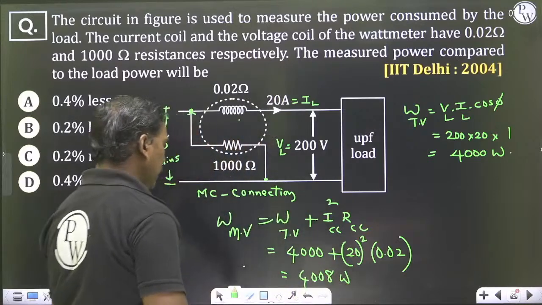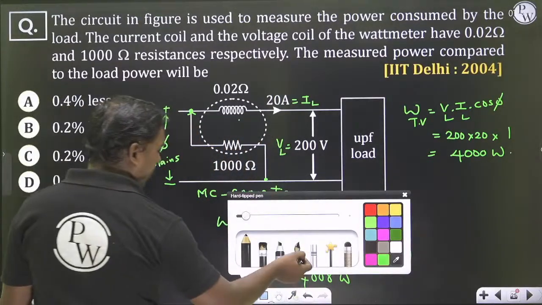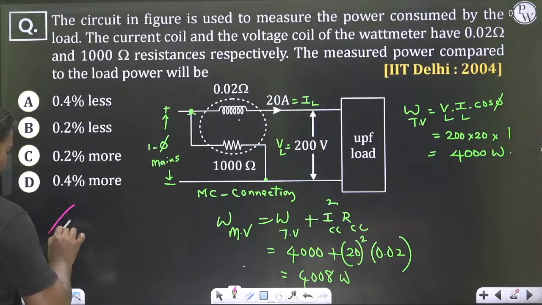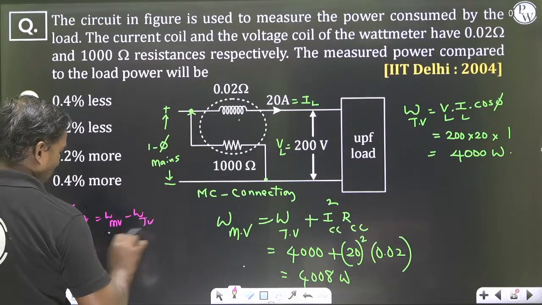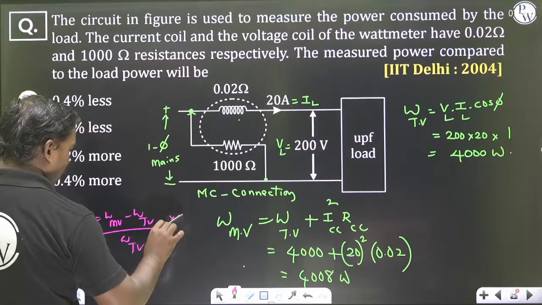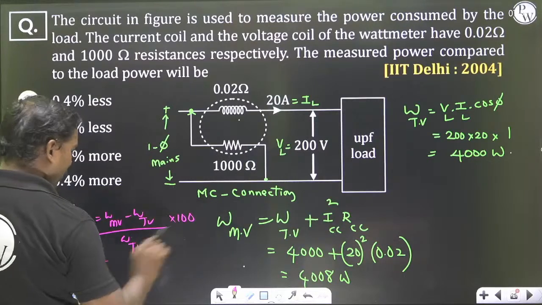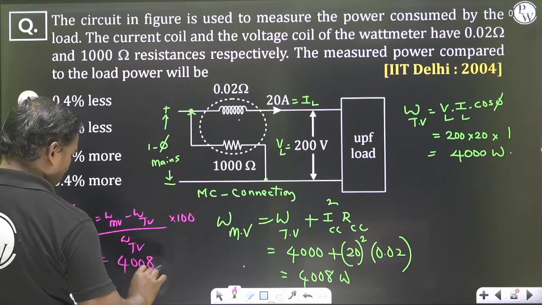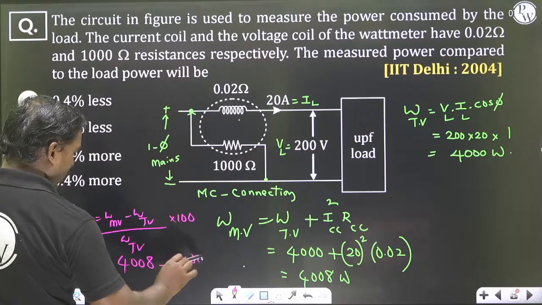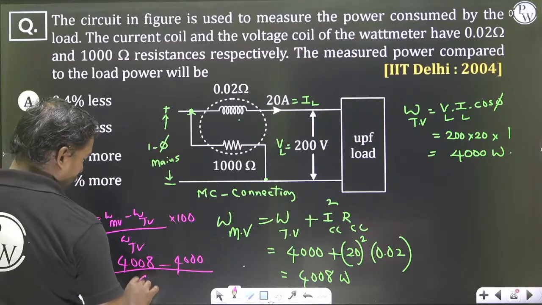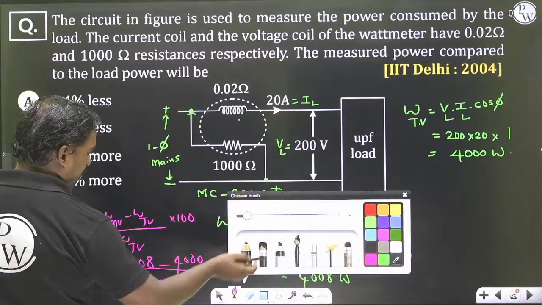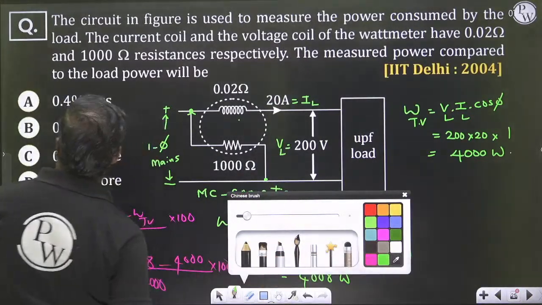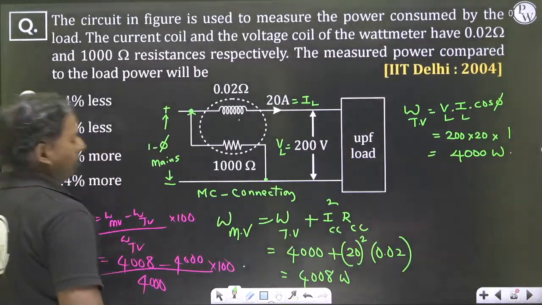So percentage error पूछ रहे. Measurement value minus true value by true value into 100. 4008 minus 4000 divided by 4000 into 100. Plus आएगा. So plus is most important. 0.2% more.